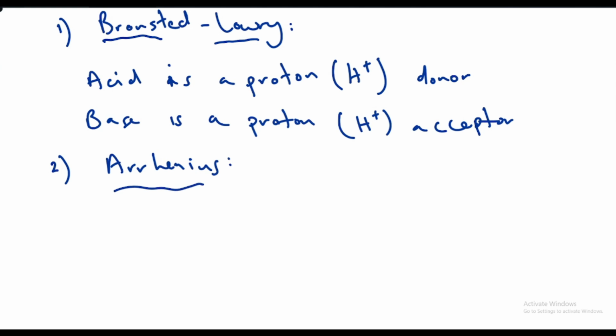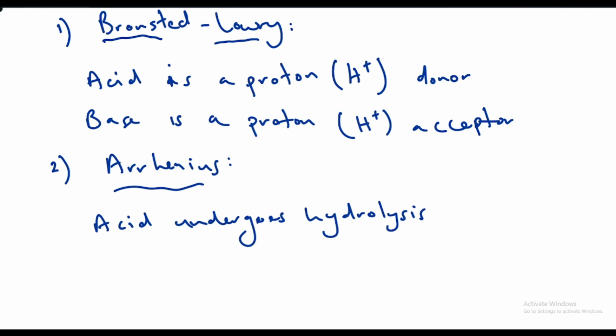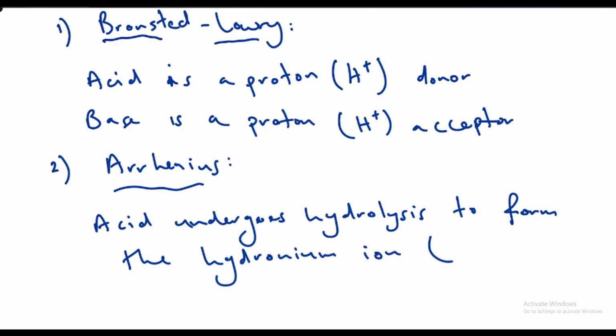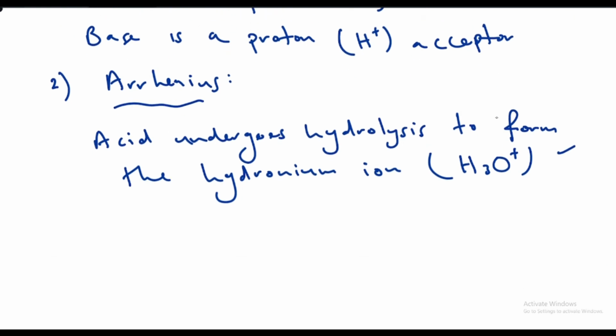So according to Arrhenius, an acid undergoes hydrolysis. So hydrolysis means the addition of water to form a very special compound, the hydronium ion, or H3O+. We will be using this definition quite a lot when we get to the point where we have to deal with pH calculations.